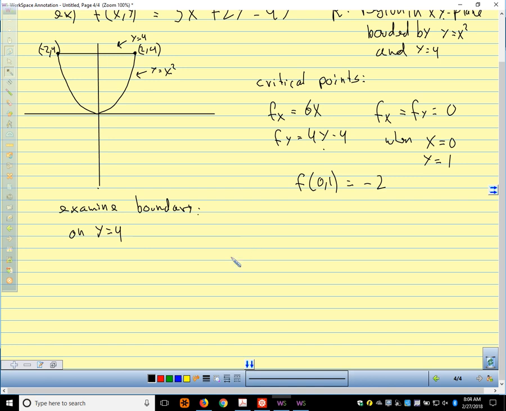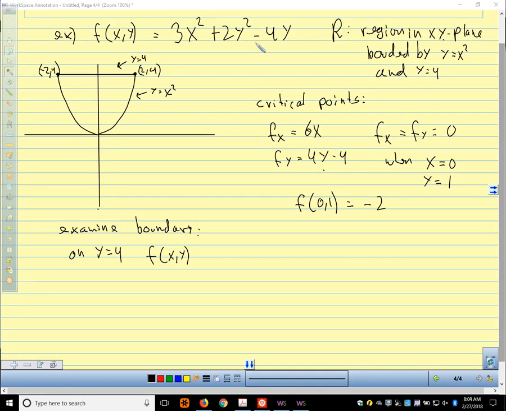On y equals 4, I'm going to substitute y equals 4 in f of x, y and simplify. f of x, y turns out to be 3x squared plus 16, and this is for x between negative 2 and 2.